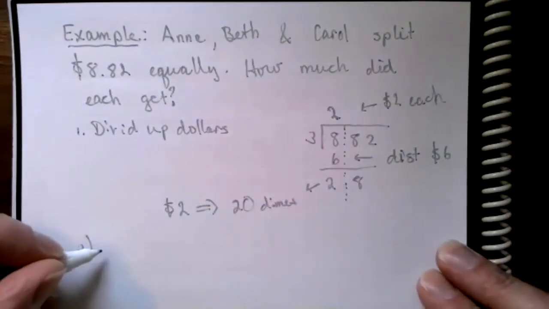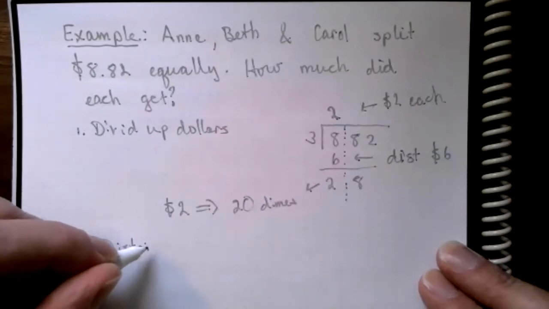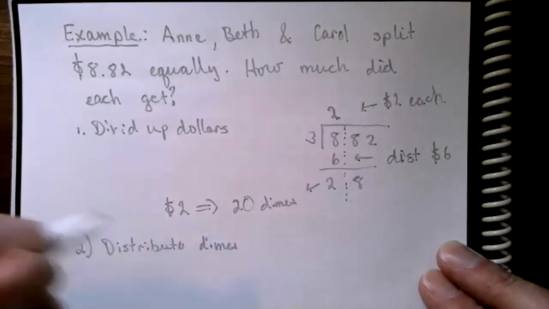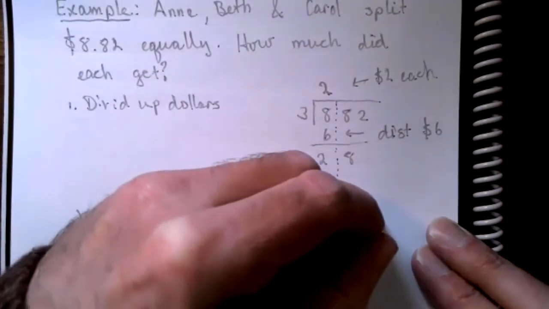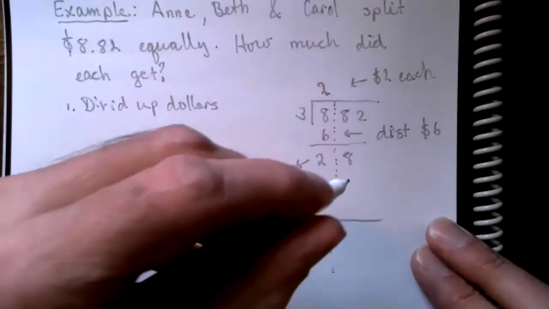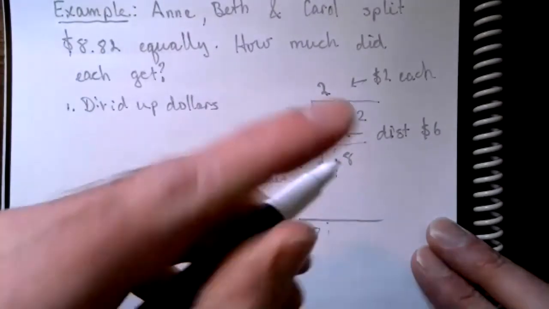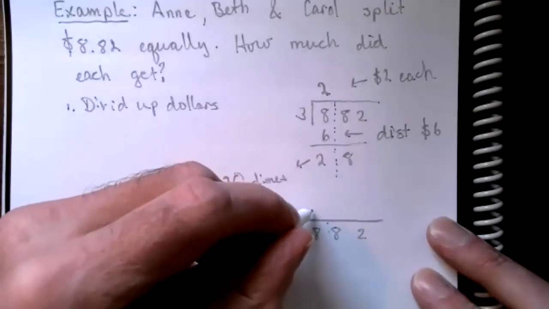So I'm going to think about what I should do there. Distribute the dollars, distribute the dimes. I'm just going to write this down again. So we distributed the dollars.